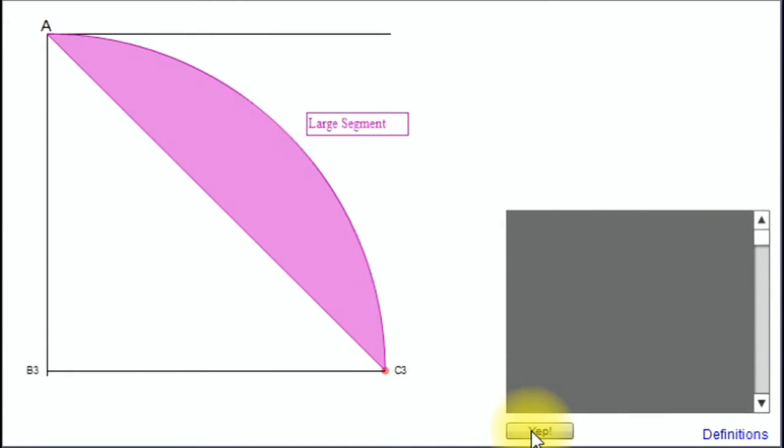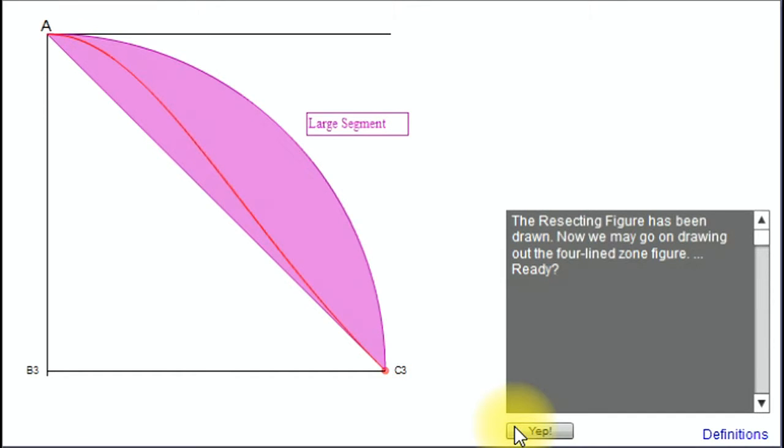And in the next step we are drawing out the segment which is created by the apex point A, the point C3, and the arc of the circular curve. And we also draw out the resecting figure, the construction principle of which we elaborated on in the earlier propositions 6 and 7 and also in 8.